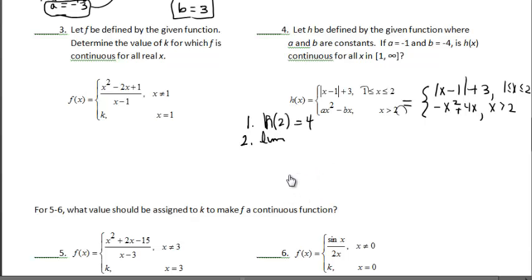Let's find the left limit. The limit as x approaches 2 from the left is going to be the absolute value piece. So just doing the same thing we did in part 1, it's 4. If I'm approaching 2 from the right, I'm on the bottom piece here, which is this quadratic.